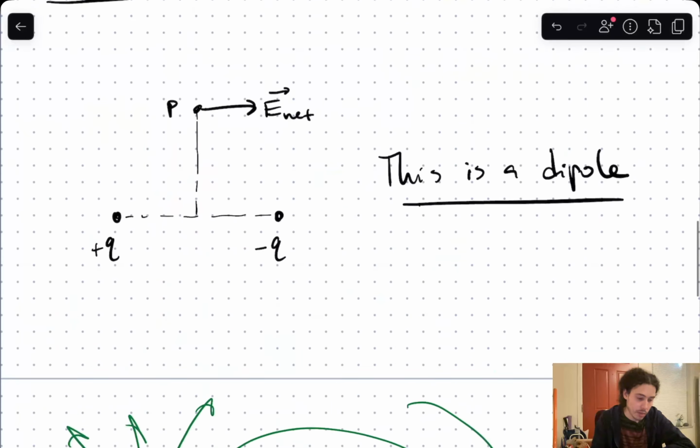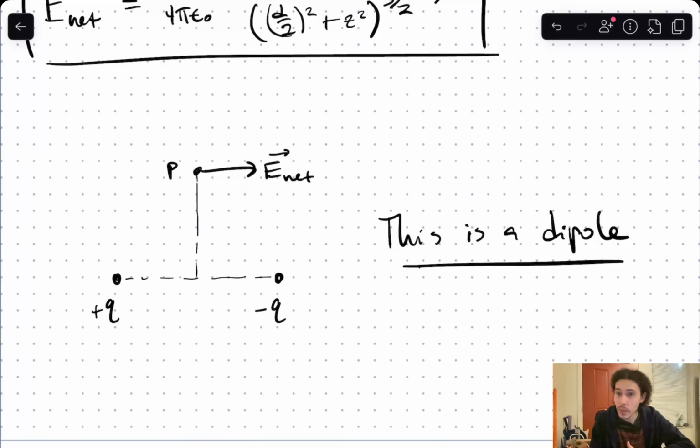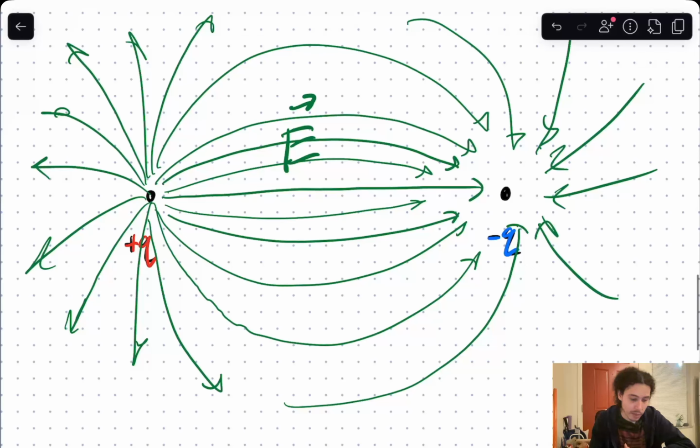And I'd say that yes, our calculation does agree with this idea of the dipole, where you have these sources of the electric field spouting out electric field, and these sinks of electric field consuming it.